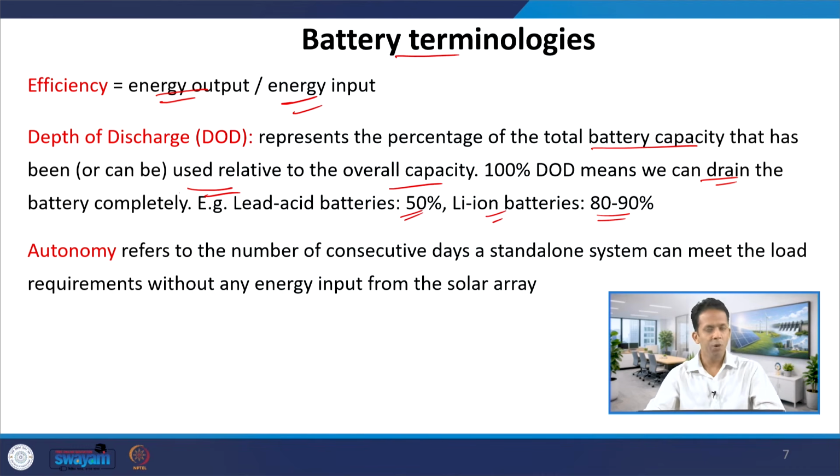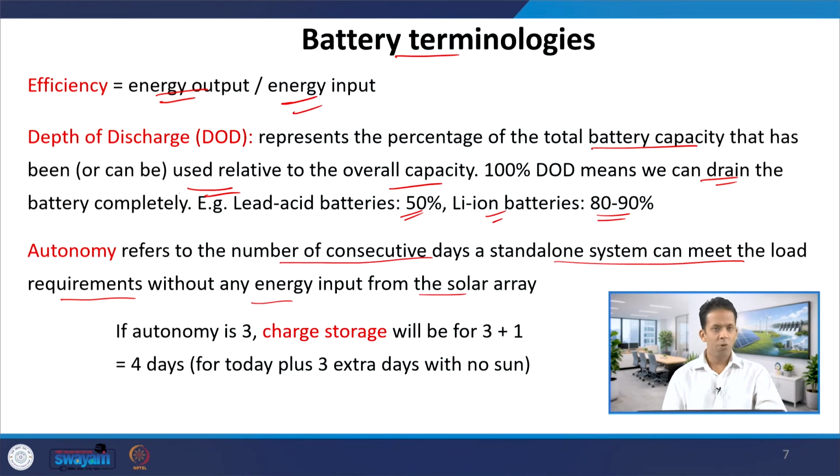Next point is autonomy. Autonomy refers to the number of consecutive days a standalone system can meet the load without any energy input from the solar array. For example, if we want to design a battery system with autonomy of 3 days, we will design a battery system that can hold the charge storage for 3 days.